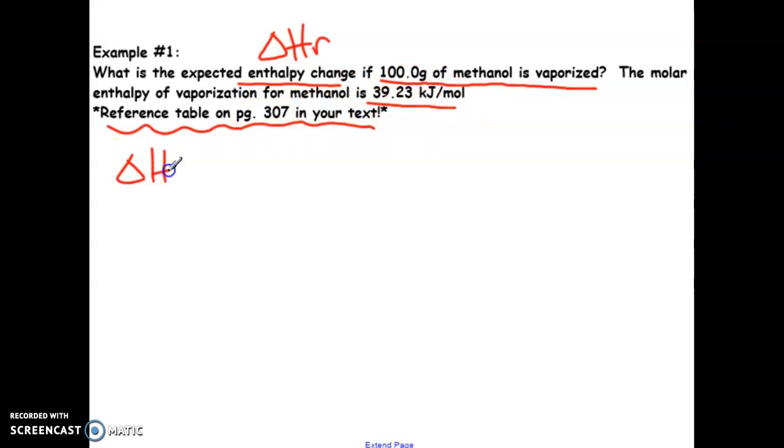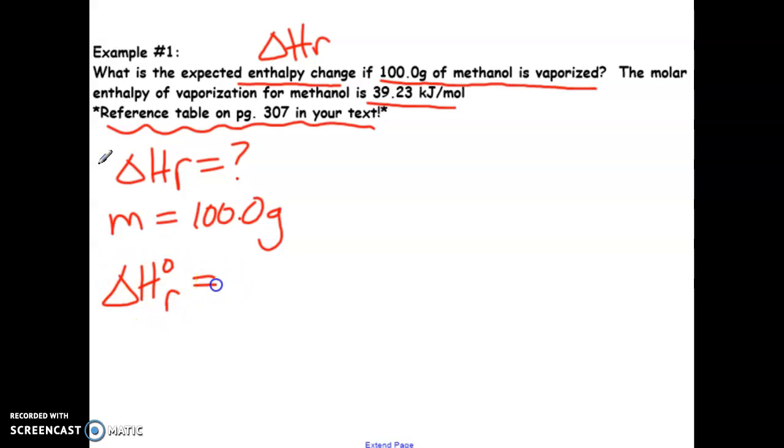So we're looking for delta HR, right? We have the mass of methanol, 100 grams, and we have the delta H naught for the vaporization, which is 39.23 kilojoules per mole.